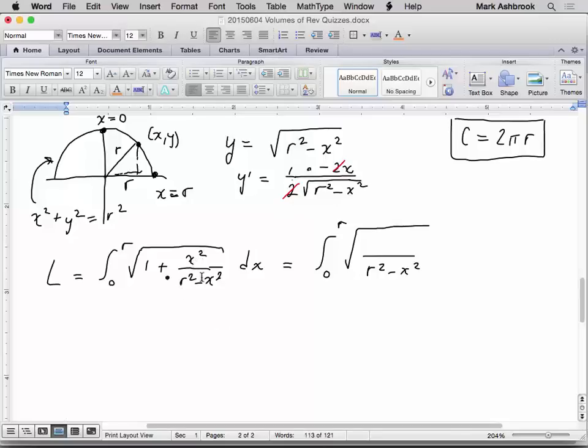What are we going to have? We're going to have top and bottom multiplied by r squared minus x squared, and then this is just by itself. So it's going to be r squared minus x squared plus x squared. More nice things happening here. The numerator just becomes r squared, right? Because minus x squared plus x squared is 0.